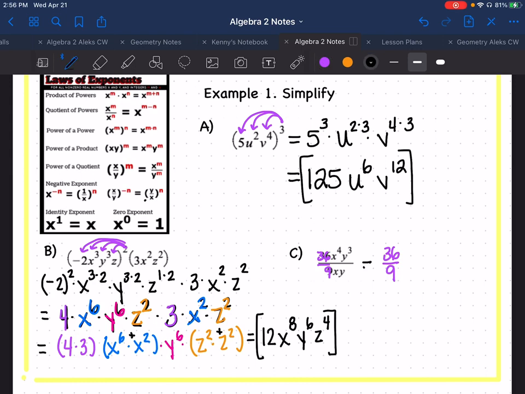What is that? Okay. Then I'm going to take my x's, and the quotient rule right here says that I'm going to subtract the denominator's power from the numerator's power. Well, the denominator doesn't have a power, so it's going to be 1. Then I'm going to do the same thing for the y's, the numerator minus the denominator.